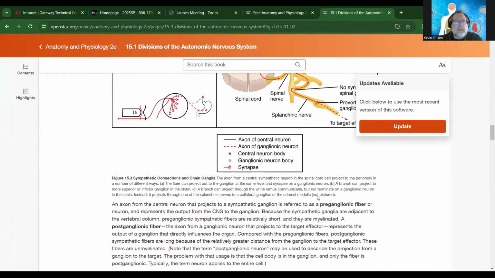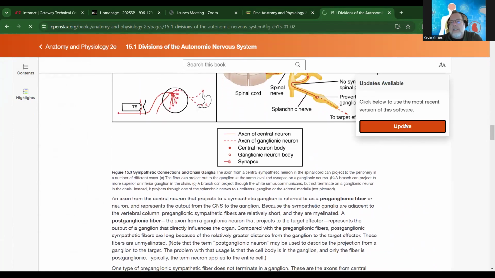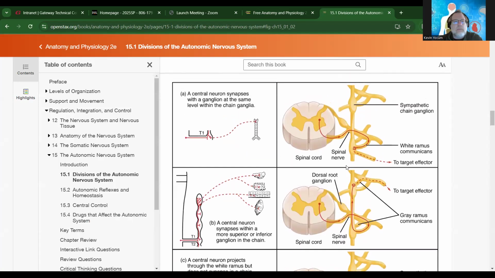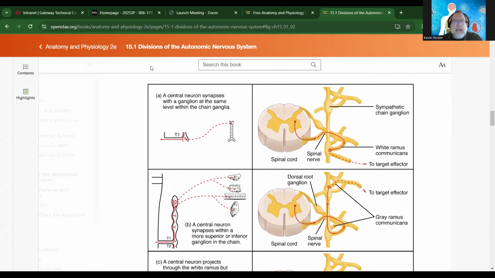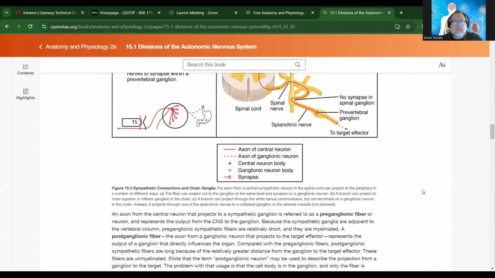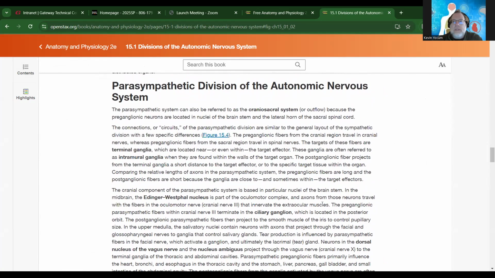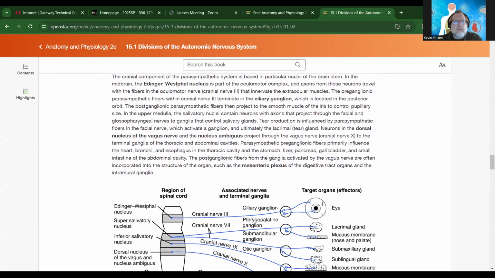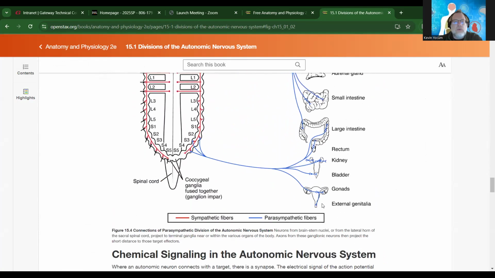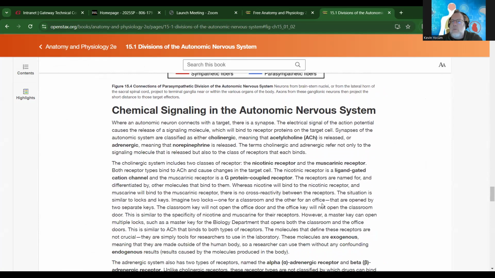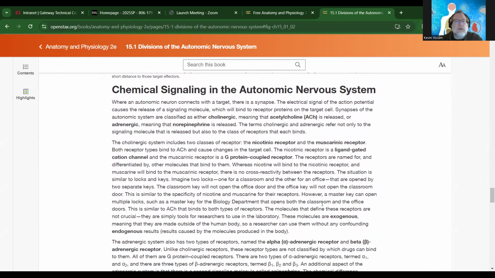Update, if I click it, it's just going to basically refresh the page. So, what could have happened is another faculty member could have gone in and added some details somewhere, added in a couple of words. And so, the thing about OpenStax is it's a collective of faculty members from around the world, and it's kind of like Wikipedia, where we are able to go in and kind of alter the info.